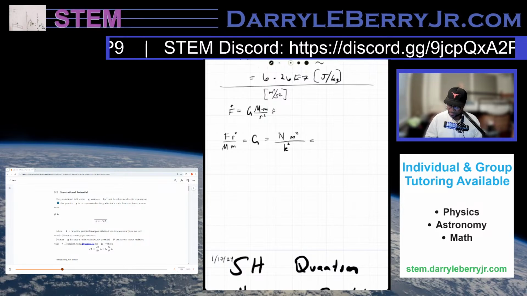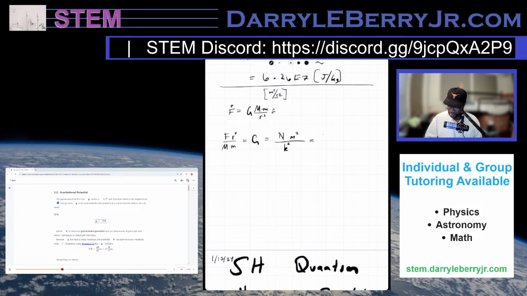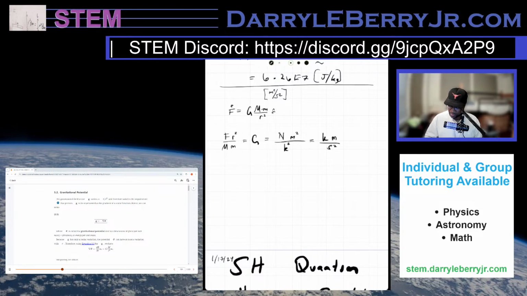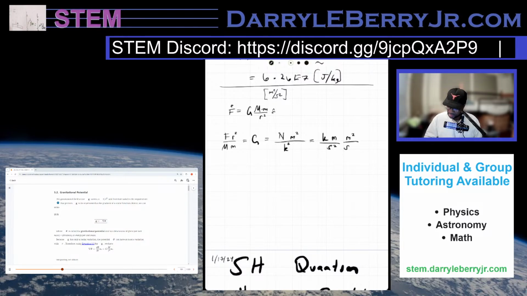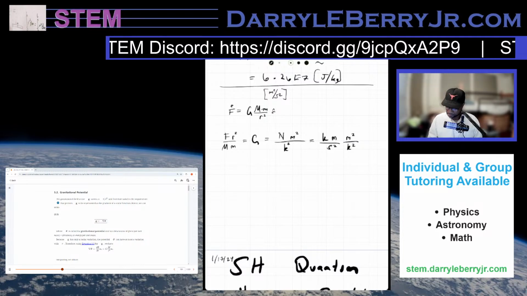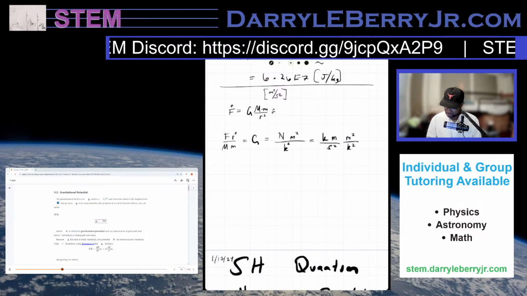And newtons is kilograms meters per second squared. So this is kilograms meters per second squared, times meters squared, over kilograms squared. And there we have our units for G.